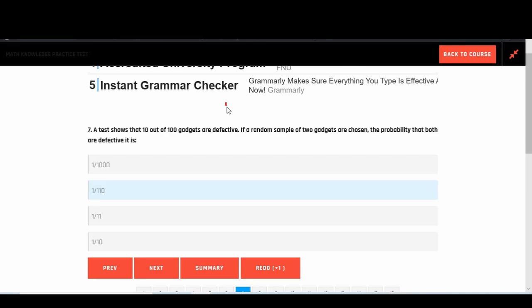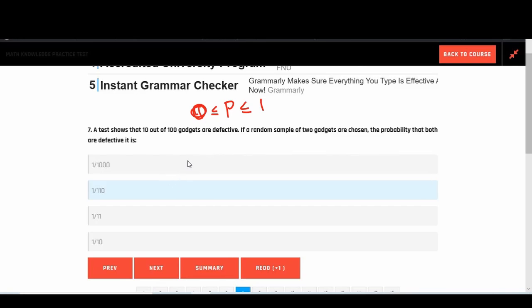Meaning that if it's 0, this has no likelihood of occurring. If it's 1, it means it's absolutely going to occur.